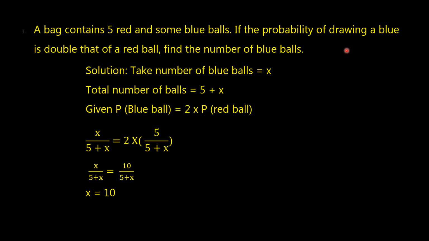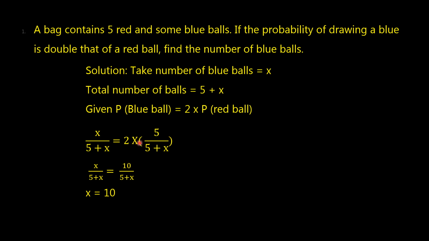From the problem, the probability of drawing a blue ball, P of blue ball, is equal to double that of a red ball, that is 2 into P of red ball. Now, P of blue ball is number of blue balls x by total number of balls 5 plus x, equal to 2 into P of red ball, number of red balls 5 by total 5 plus x.